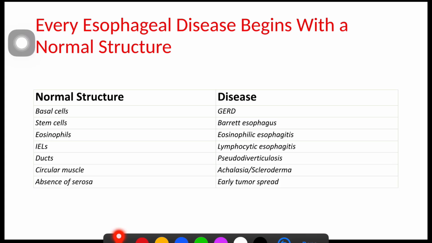Basal cells are affected in GERD, stem cells in Barrett esophagus, eosinophils in eosinophilic esophagitis, intraepithelial lymphocytes are increased in lymphocytic esophagitis, ducts have a role in pseudodiverticulosis, circular muscles are associated with scleroderma and achalasia, and absence of serosa and this longitudinal lymphatic drainage are associated with early tumor spread.